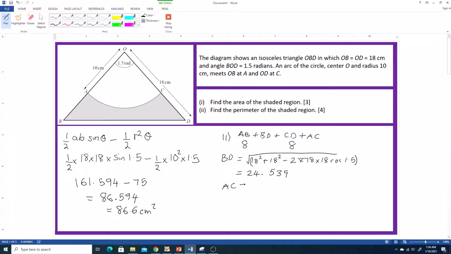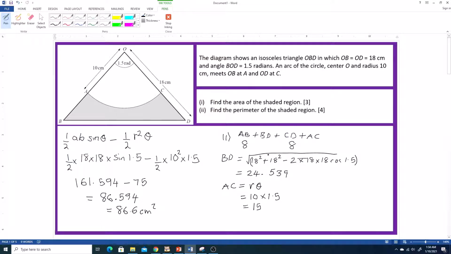Now AC is the arc length. You're required to know the formula for the arc length, which is r theta. Our radius is 10, our theta is 1.5, so when we multiply that we get 15.